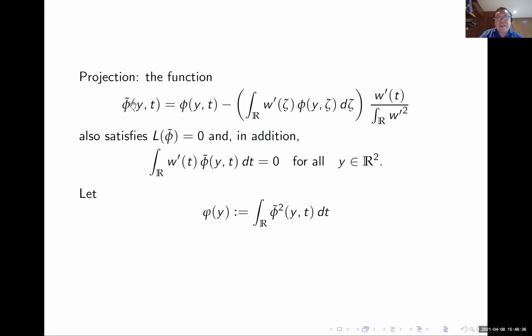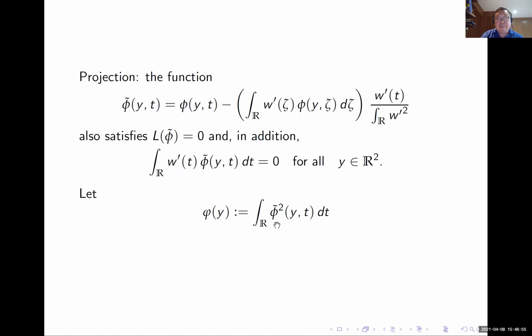Then you can check that the new solution, the projection, is also a solution to the linearized operator. And now the solution is orthogonal to W prime for each fixed y.